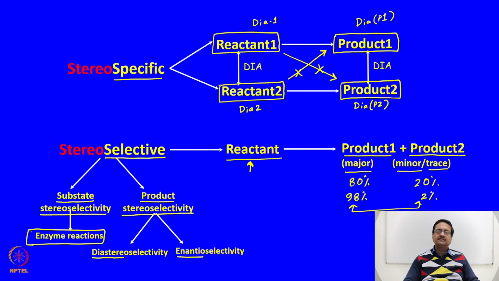If the products are a pair of diastereomers, then that reaction is termed a diastereoselective reaction. Whereas if the products are a pair of enantiomers, then we call that an enantioselective reaction.